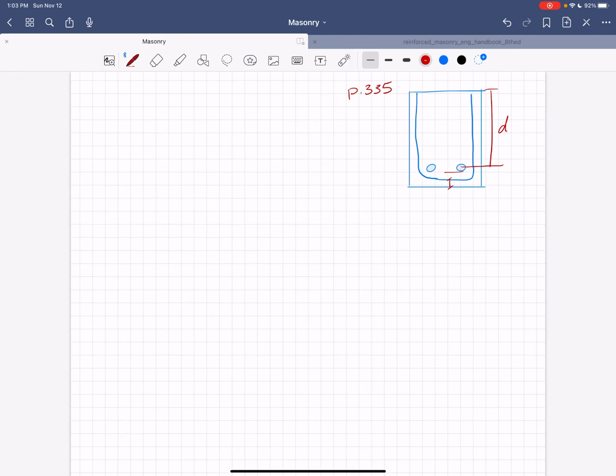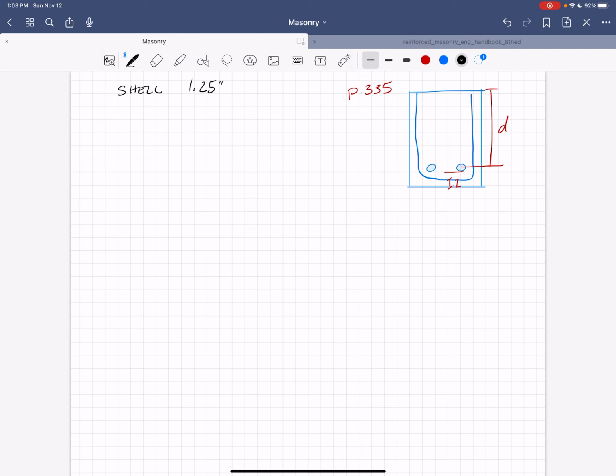Let's go back here. The rules that we have are for the shell. We talked about this the other day, you can use a shell thickness of 1.25 inches on the face.